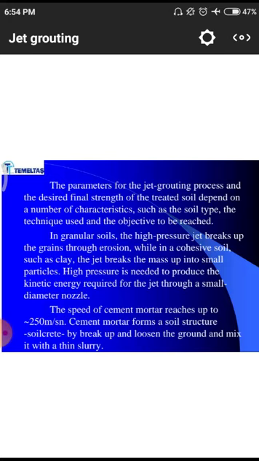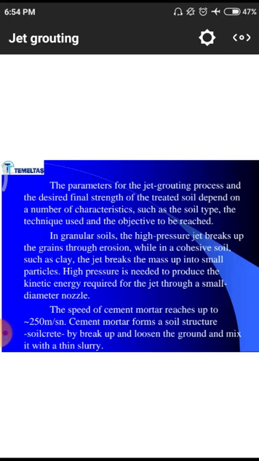First of all, the desired final strength of the treated soil depends upon the characteristics, such as soil type, the technique used for filling the material, and the objective to be reached, whether we have reached the objective or simply arrested the problem.